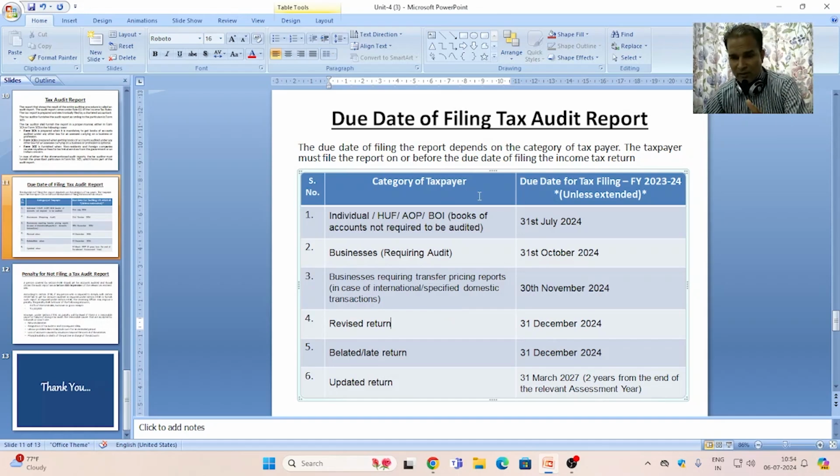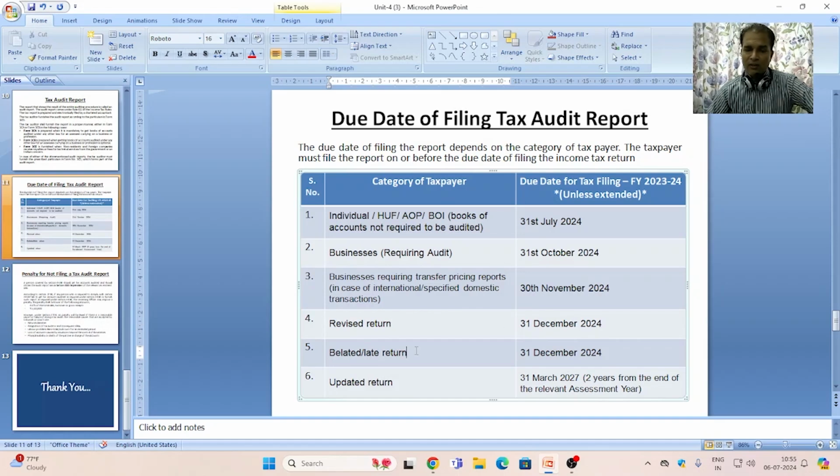So if an SSE finds that he has omitted some information, committed some mistake, or missed some information in the audit report, then he is allowed to submit the corrected or revised return before 31st December 2024.